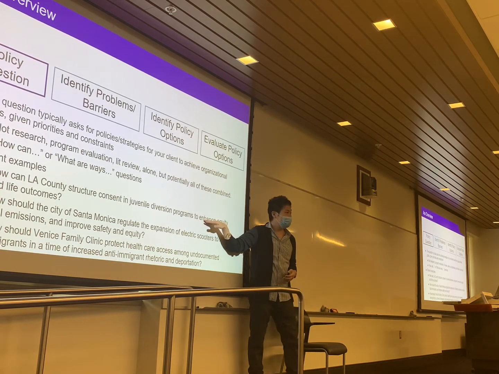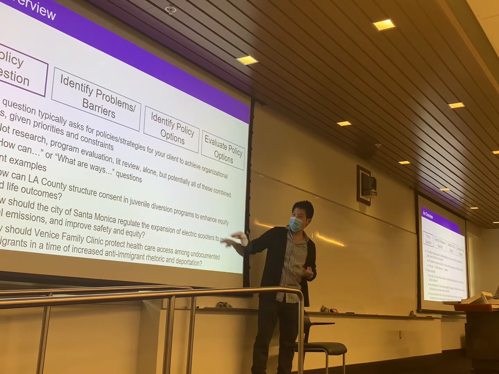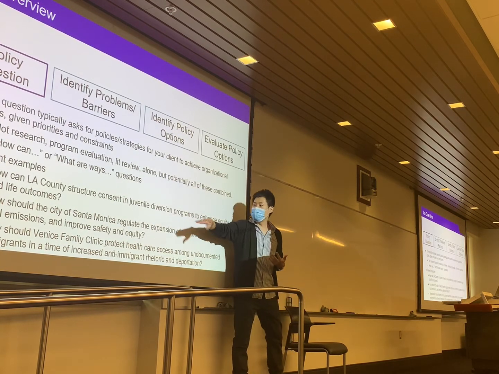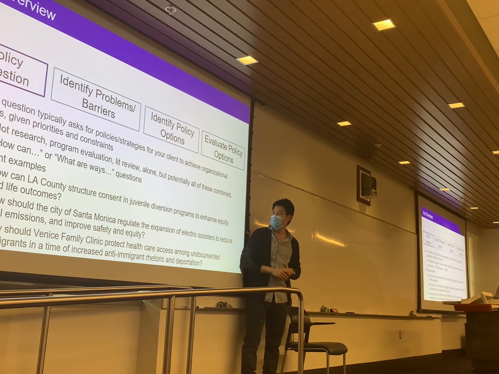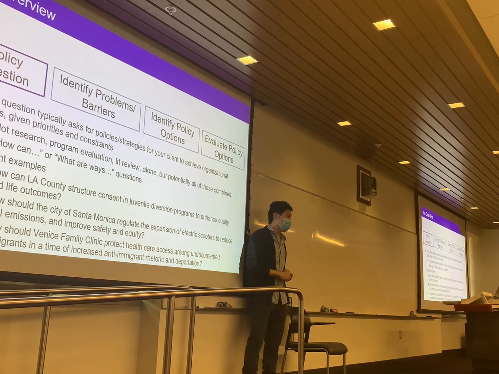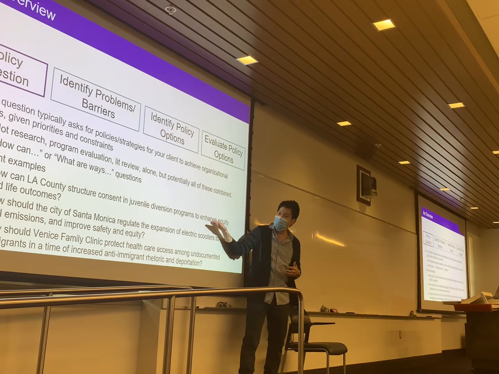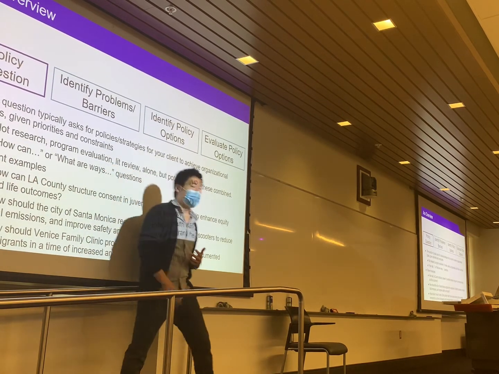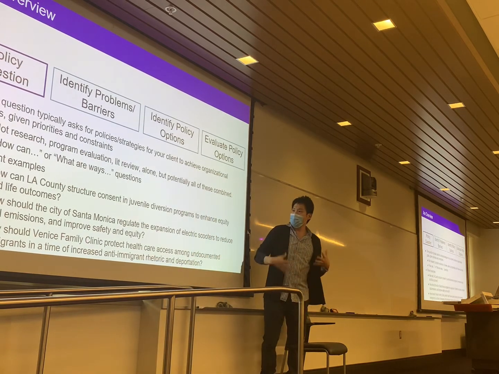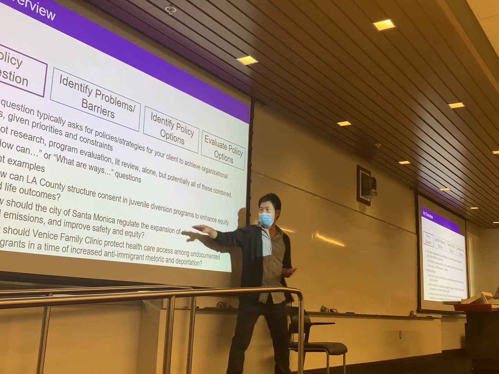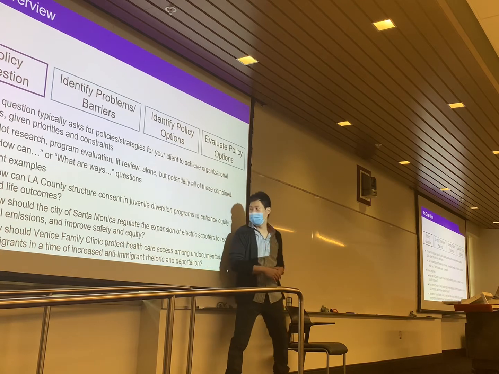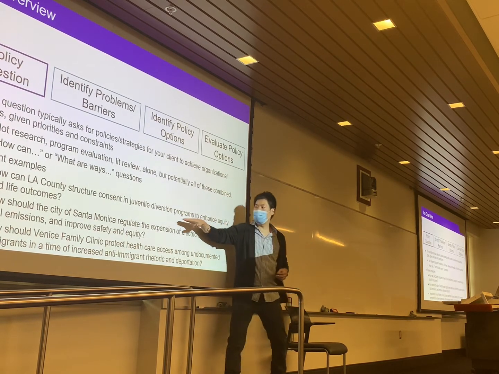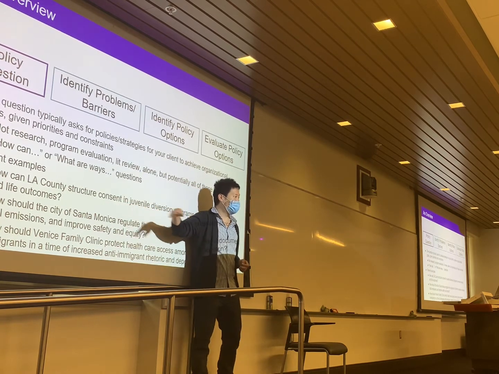This one won top honors back when we had top honors, okay? How can LA County structure consent in juvenile diversion programs to enhance quality and life outcomes? The way they phrase this one is like a how statement. They were working on the juvenile diversion program and wanted to come up with a way to design consent for juveniles.